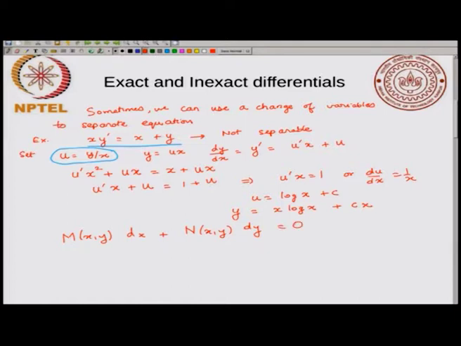Not every differential equation can be written in this form, but let us assume that you can. Notice that this implies dy by dx equal to minus m of x y divided by n of x y. So, it is an explicit differential equation.